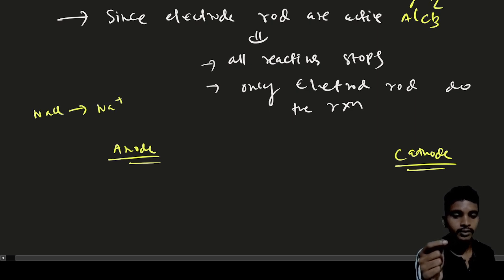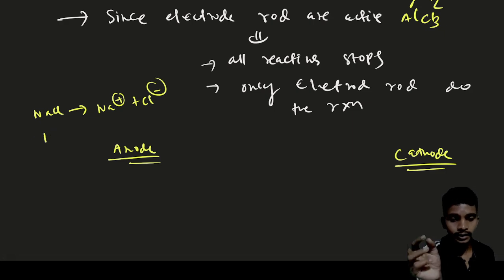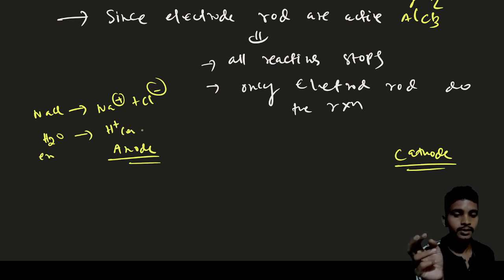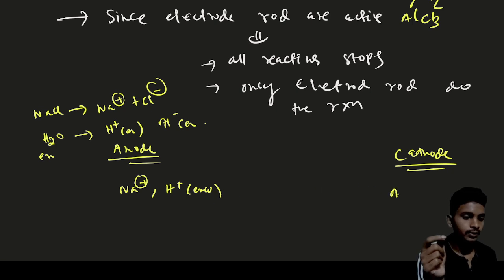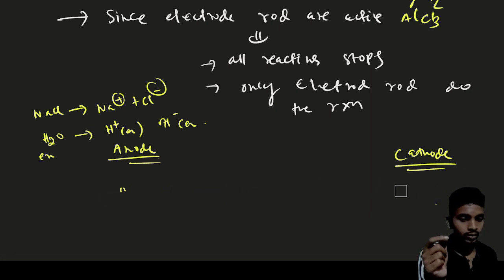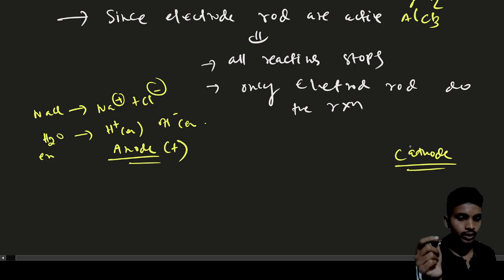NaCl is going to give Na plus and Cl minus, and let's say we gave excess aqueous, then H plus is in excess and OH minus is in excess. The anode is positive and the cathode is negative, so negative ions will come to the anode: Cl minus and excess OH minus.